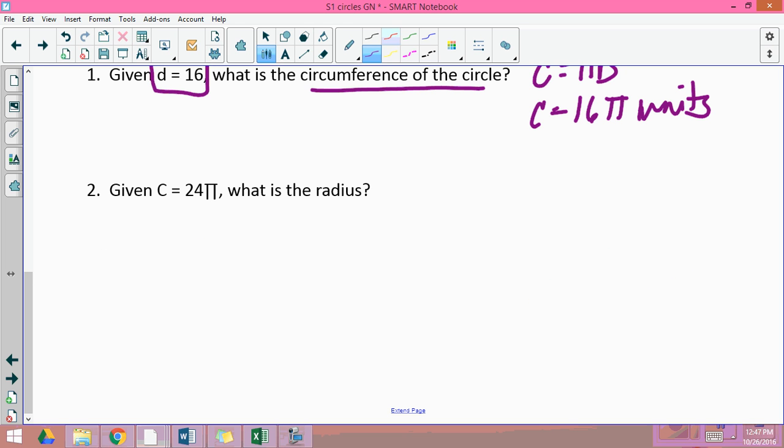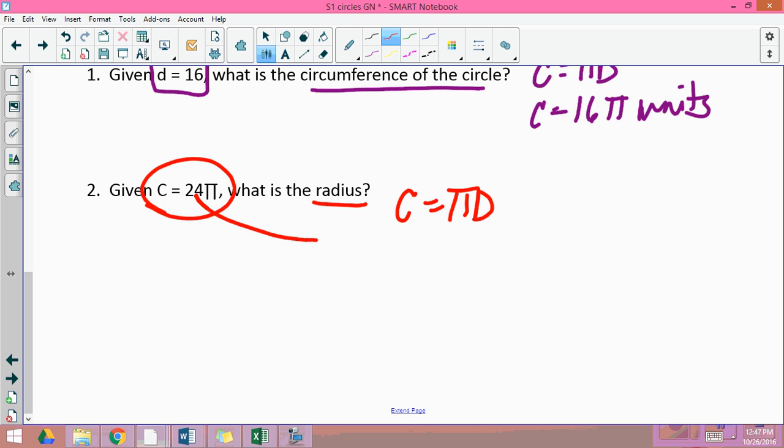To turn it up a notch and do something a little more difficult, if I give you the circumference and ask for a diameter or radius, all you have to do with any formula is plug in what you know and solve for what you don't. My formula is circumference is equal to pi d. I know circumference, so by substitution, 24 pi is equal to pi d.